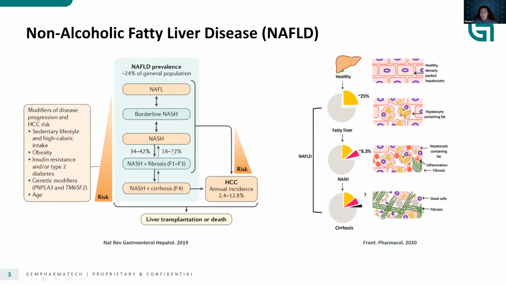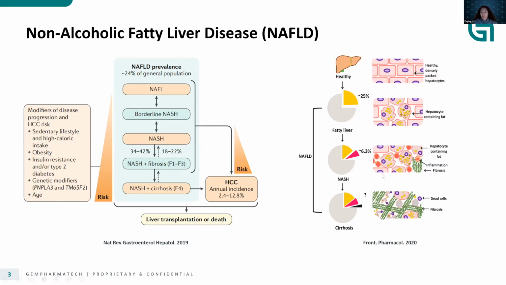And in this disease, from NAFLD to NASH, there has been a lot of risk factors that are identified. For example, lifestyle, in particular, high calorie intake, as well as a sedentary lifestyle, obesity, diabetes, insulin resistance, as well as genetic factors. Aging also plays a role in developing liver diseases in this aspect.